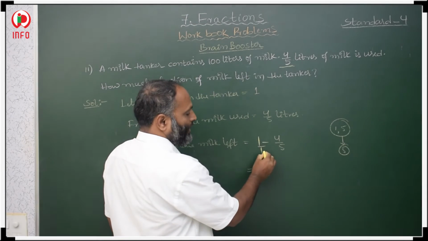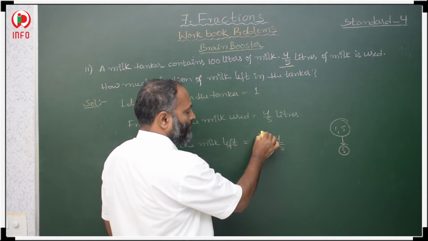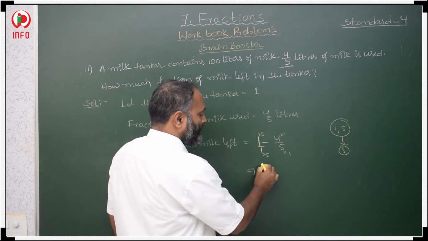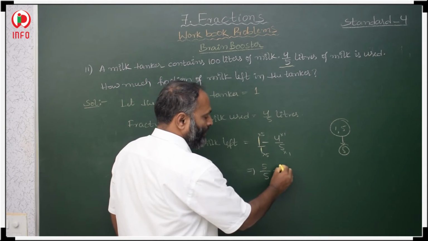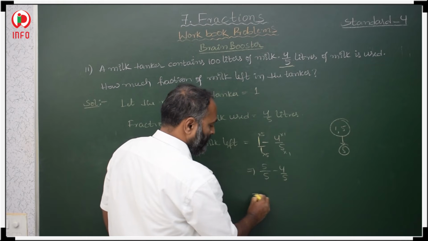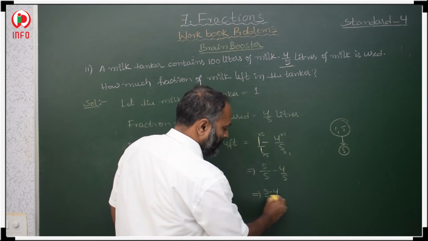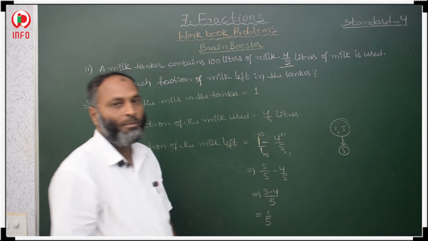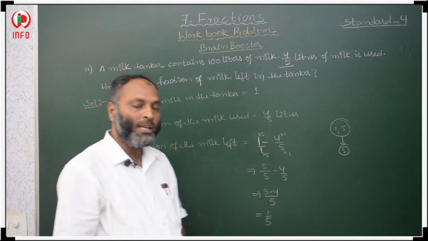In the 5 table, 1 fives are 5, 4 ones are 4, so 5 minus 4 by 5 is 1 by 5. 1 by 5 fraction of the milk is left.